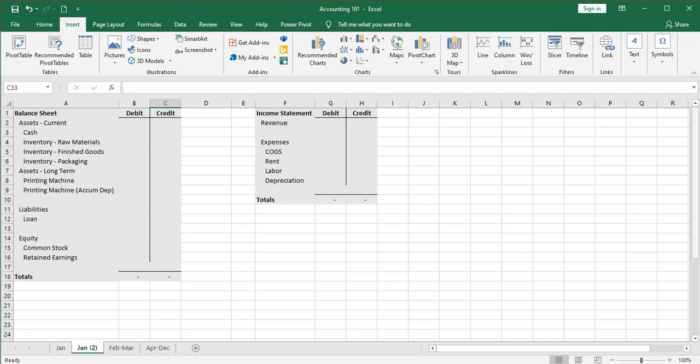I've laid out a balance sheet and an income statement with the accounts we'll be using, and there's one key difference between my balance sheet and income statement and what you would see in a company's annual report. I've separated the debits and the credits.